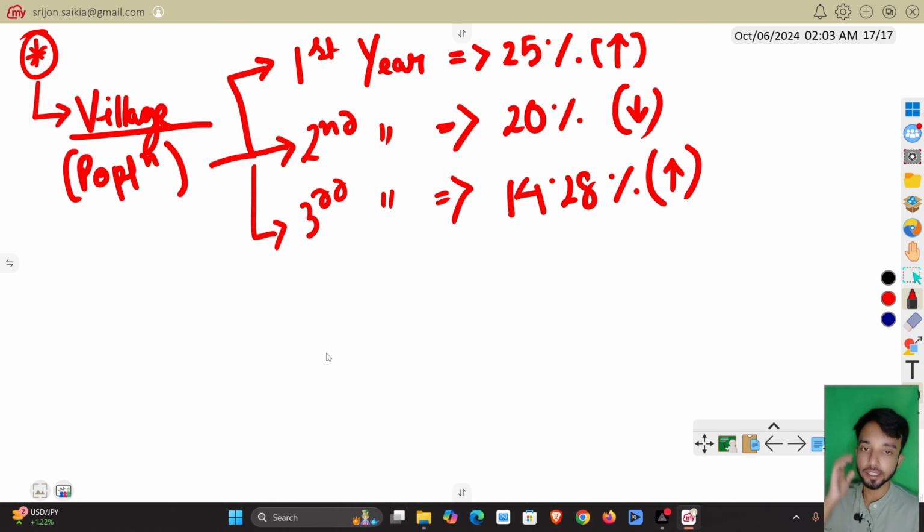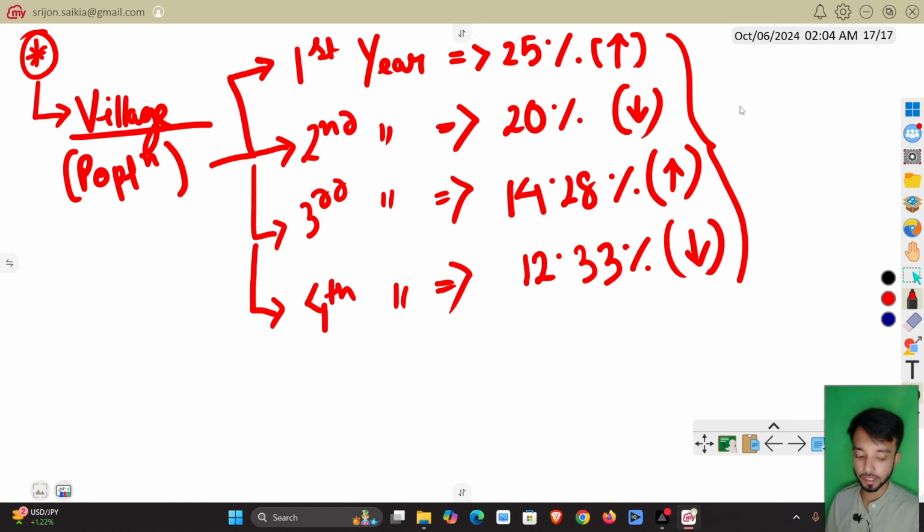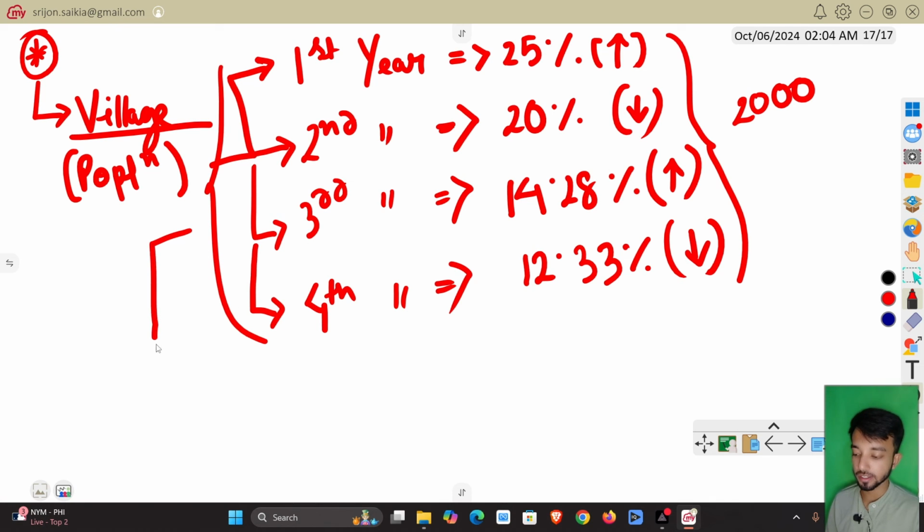For the fourth year, the population will again decrease by 12.33%. The initial population is 2000. You need to find the population after 4 years.